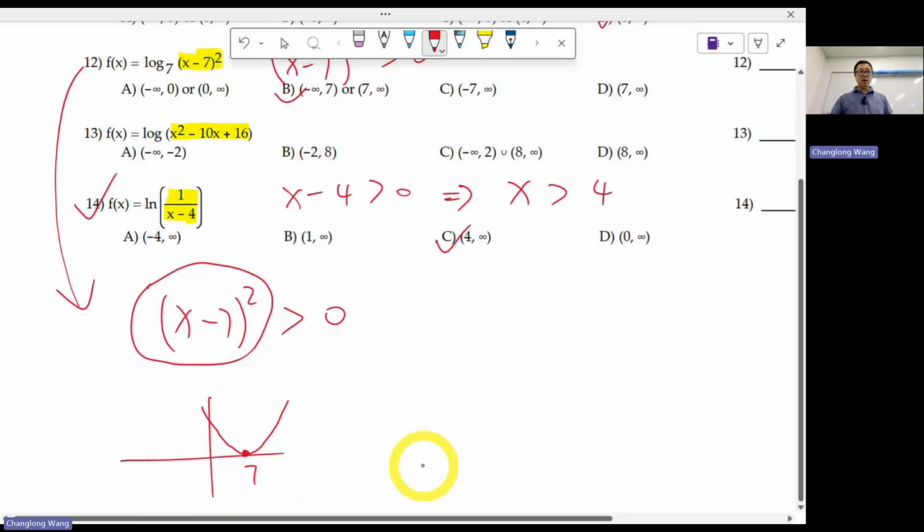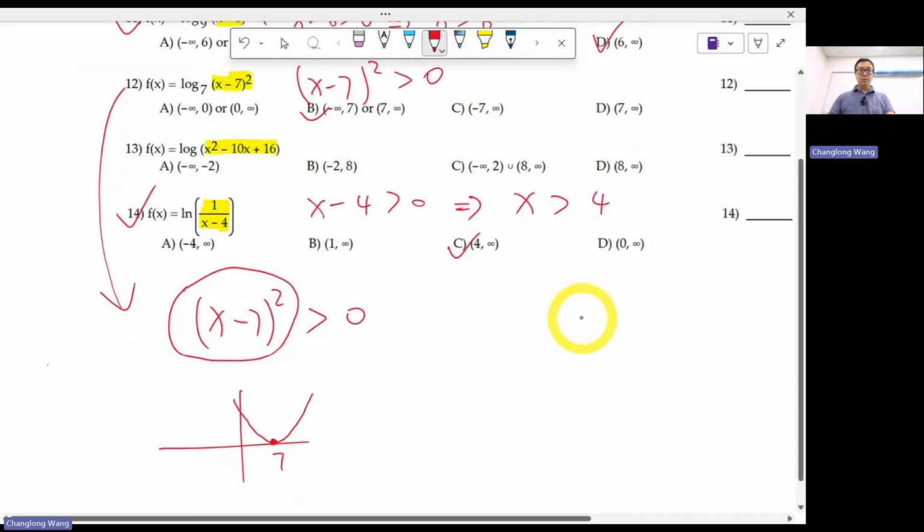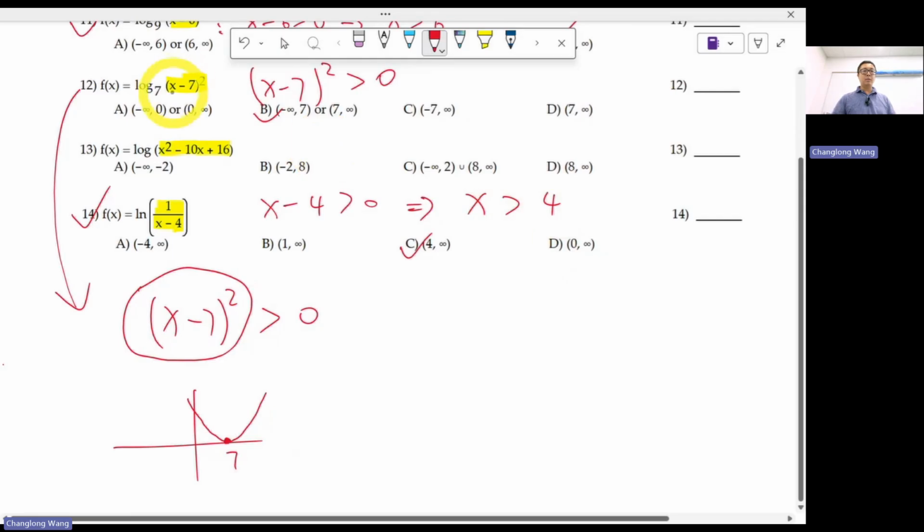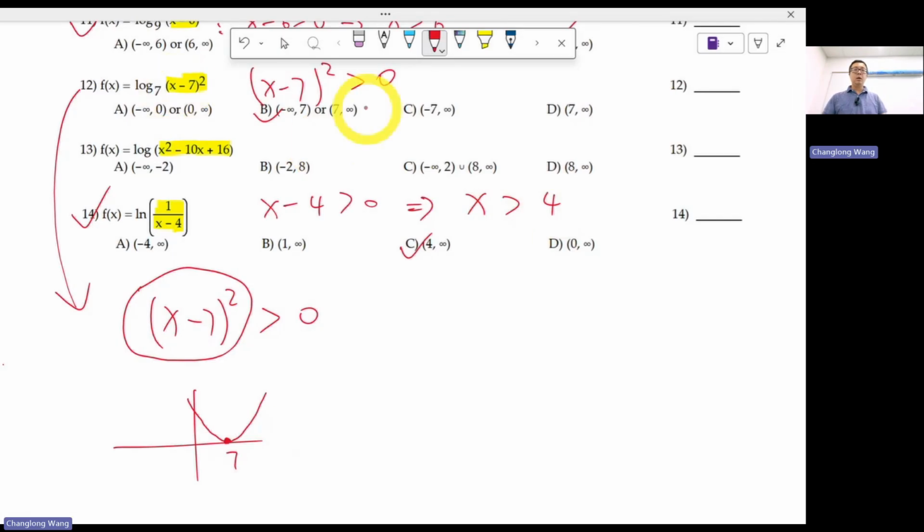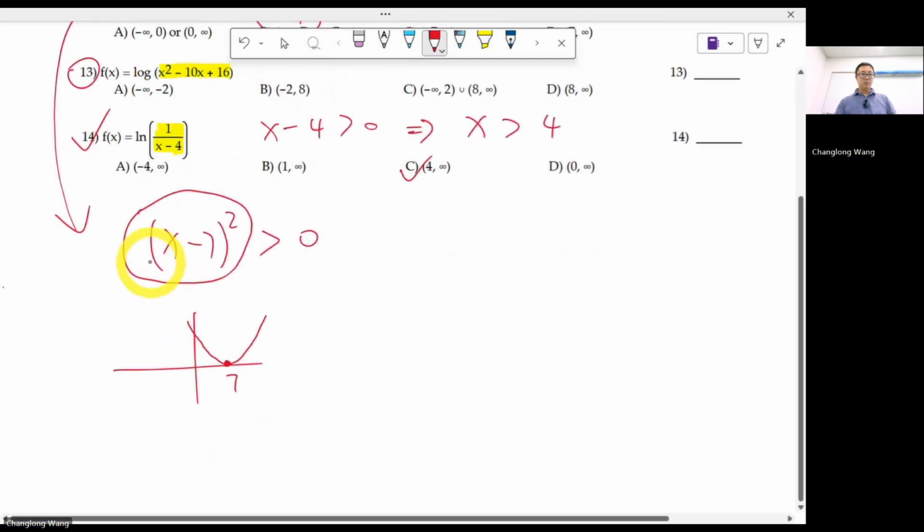Okay. I hope that you don't have to go through that hard way, and you can just write things through the logic. How would you make sure that x is going to take all real numbers except for the numbers that are not going to get you a positive argument in a log. But 13 is the more intensive one that you do have to do some math, so make sure you're getting it right.